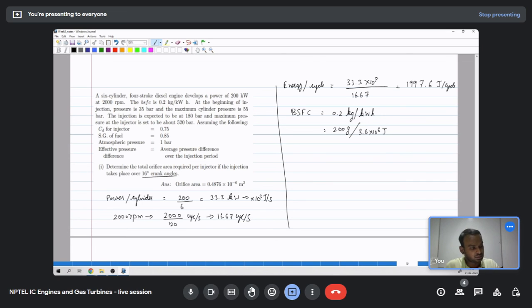And we need only around 1997.6 joules per cycle. That means mass of fuel per cycle will be 200 divided by 3.6 into 10 power 6 into 1997.6.